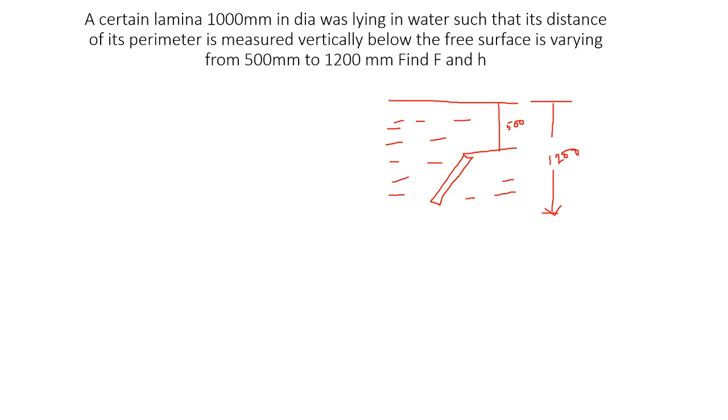Then for this you need to find out the x bar first of all. How do you find the x bar? For this you have to find y. The lamina dia is 1000 mm.